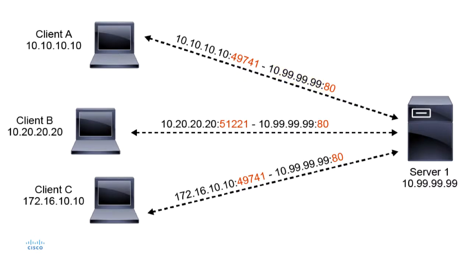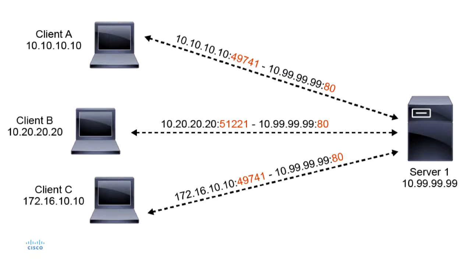Right now we have this server and it is handling 3 sessions at the exact same time. That's not a problem. These 3 sessions are distinguished by 5-tuple information. 5-tuple information includes the local IP address and the local port, as well as the protocol, so the protocol would be HTTP, the remote IP address, as well as the remote port.